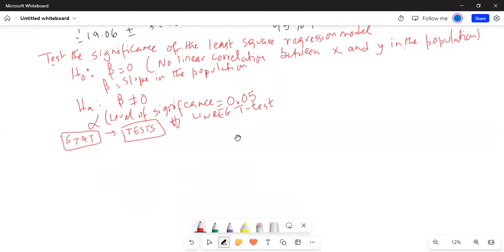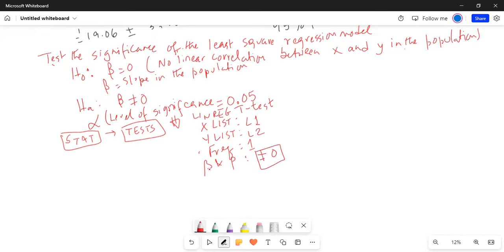So X list is L1. It's already there. Y list is L2. Frequency is 1. And the fourth line, this is the critical one, this is the alternate hypothesis, should be set to not equal to 0.